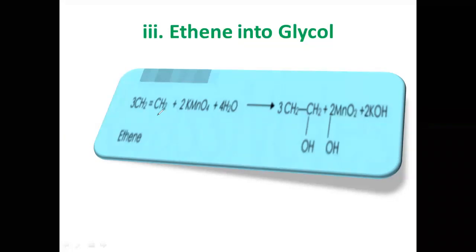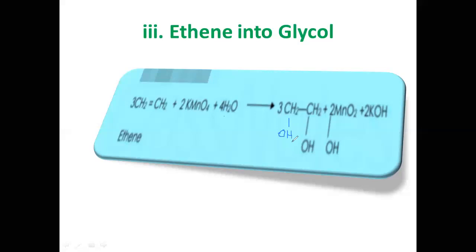So you can see that ethene reacts with potassium permanganate, which is a strong oxidizing agent, in a dilute alkaline solution of potassium permanganate, and that's why we are using water as well, because we made a dilute solution of potassium permanganate. It will give ethylene glycol, also called dihydroxyethane.